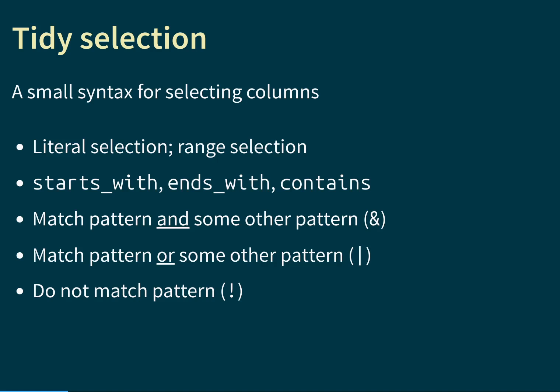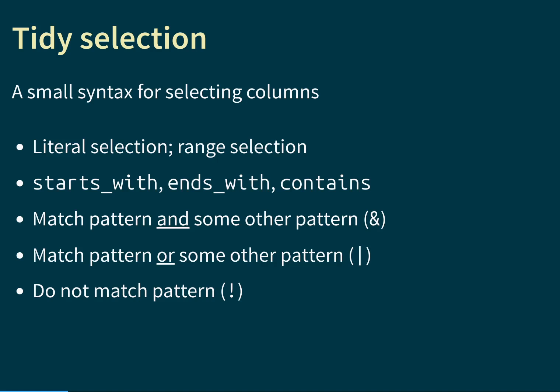Namely, we can combine different selection methods such that one or the other, or one and the other has to be true at the same time. And finally, we're going to be taking a bit of a deeper look at the do not match pattern, because as it turns out, it's more general than deselecting a literally selected column. It can be applied to any of the listed selection methods.